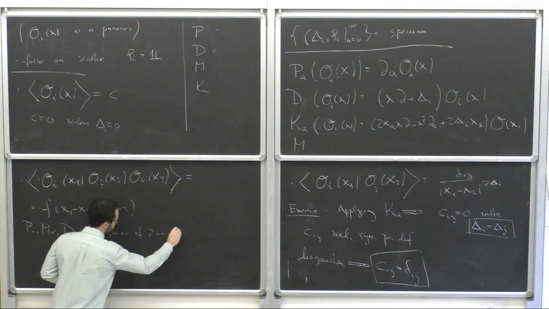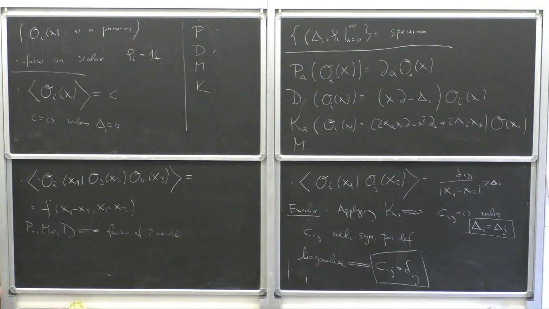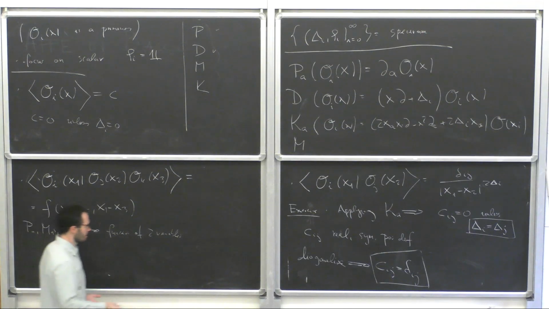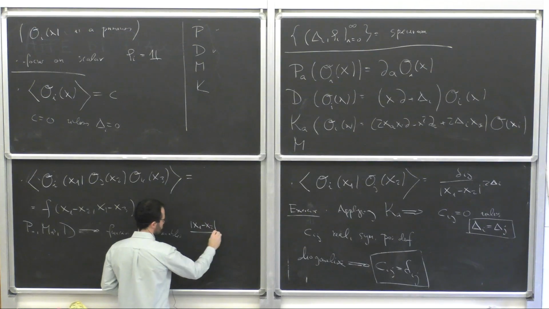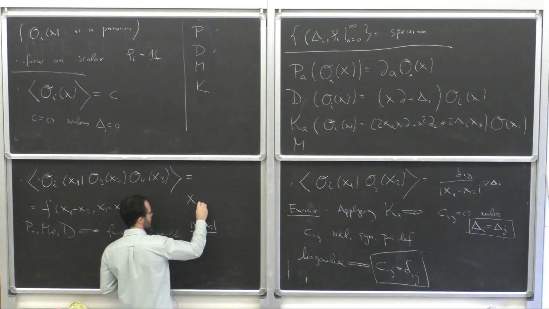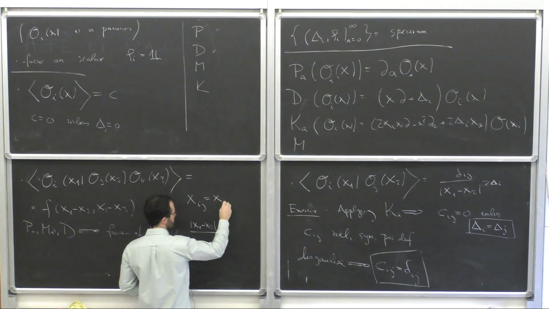Why is that? Well, it's because there are 2 translation, scale, and rotation invariant quantities. Sorry, let me introduce notation where xij is xi minus xj.